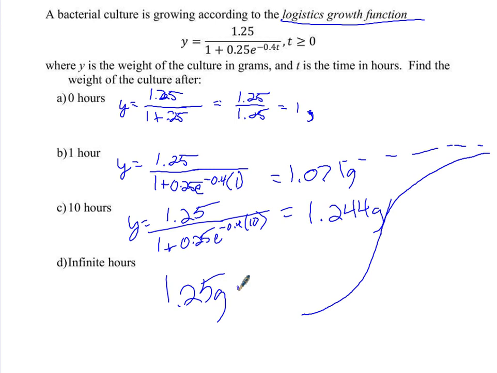Where did this 1.25 come from? That's not a coincidence. I knew something was up. If you think about it, in the infinite time frame, if this term disappears and that 1 is sitting there, then we're always going to wind up with the numerator divided by 1 to give us that number.